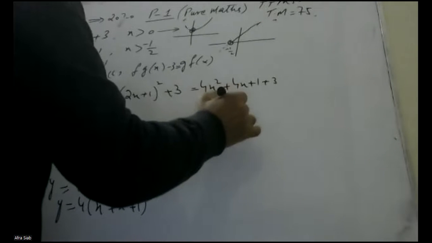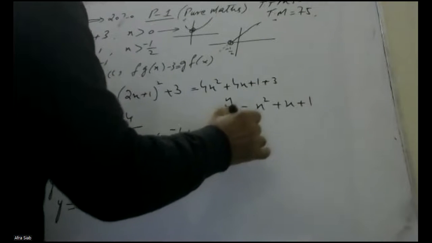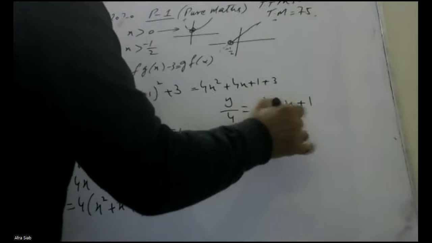Let y is equal to 4x square plus 4x plus 4. And from this we can take 4 common. It is x square plus x plus 1 equal to y. Then y over 4 is equal to x square plus x plus 1. Then y over 4 minus 1 is equal to x square plus x.